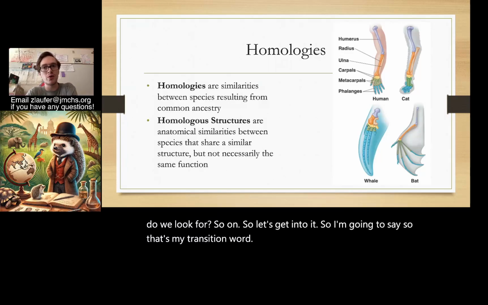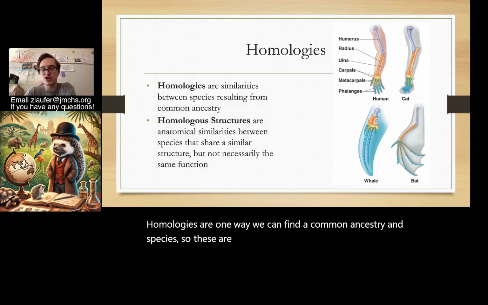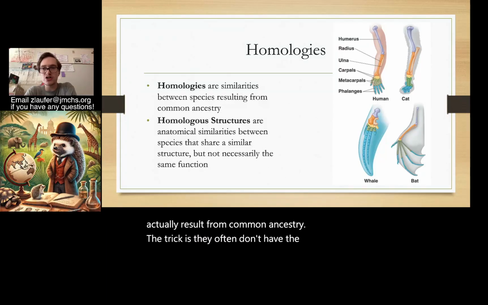Homologies are one way we can find common ancestry in species. So, these are just similar structures in species that do actually result from common ancestry. The trick is they often don't have the same function.